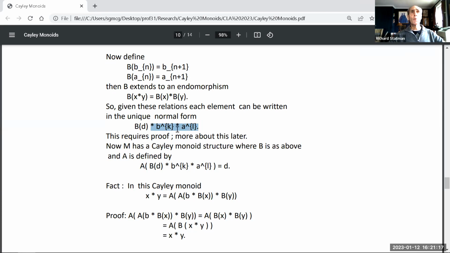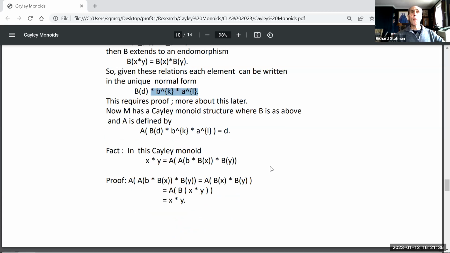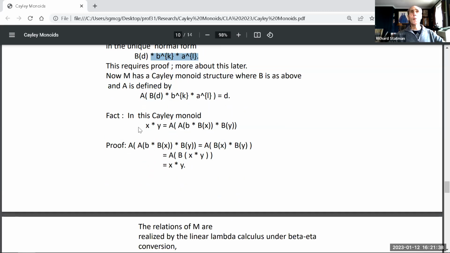At any rate, if that normal form is unique, then indeed we can define the Cayley monoid where B is B, and A is simply you wipe off the capital B, and you kill that part of the bicycle monoid that's at the end there. So A of BD is capital D. Now in this Cayley monoid, you can recover the product from the application operation.